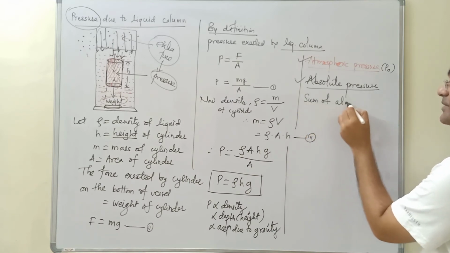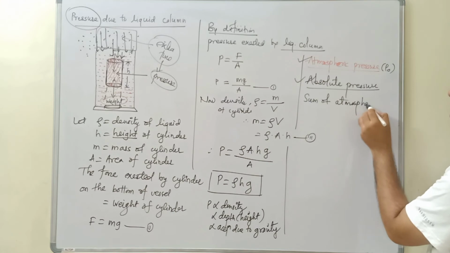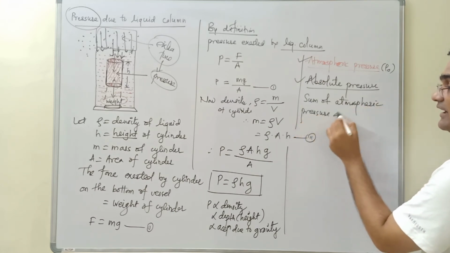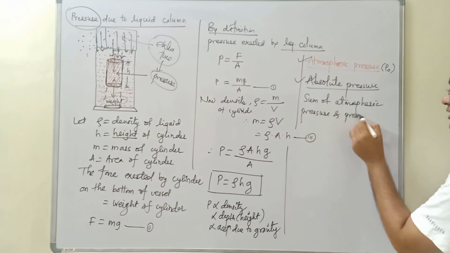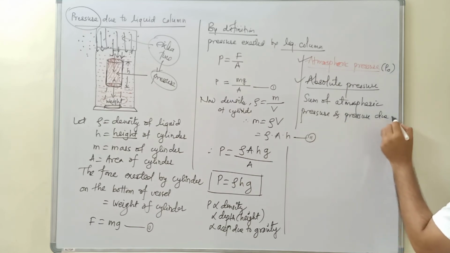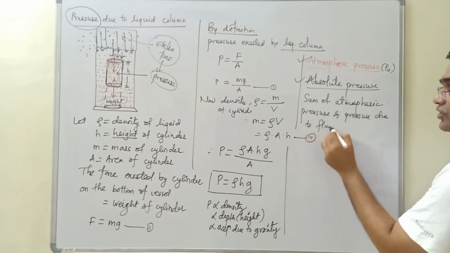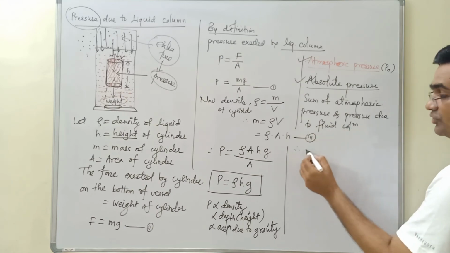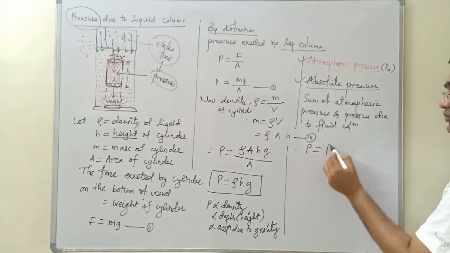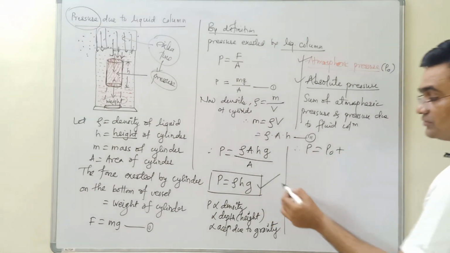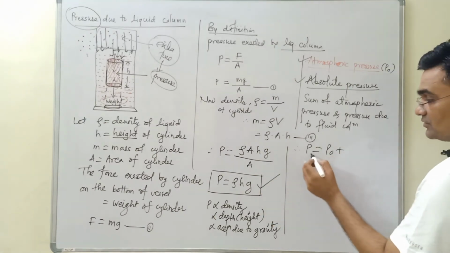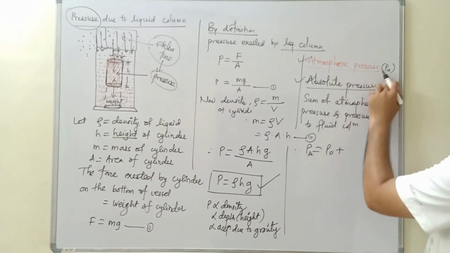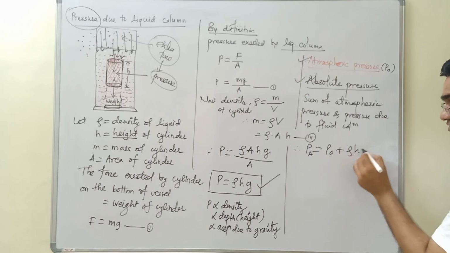Remember, absolute pressure is the sum of atmospheric pressure and pressure due to fluid column. So I can say absolute pressure P_A is equal to P naught, that is atmospheric pressure, plus rho hg.